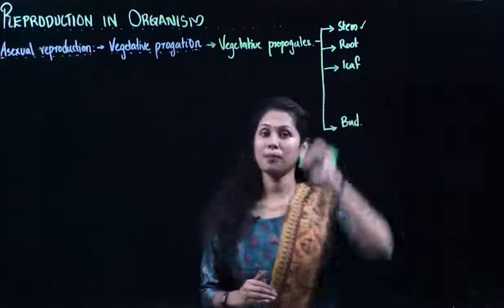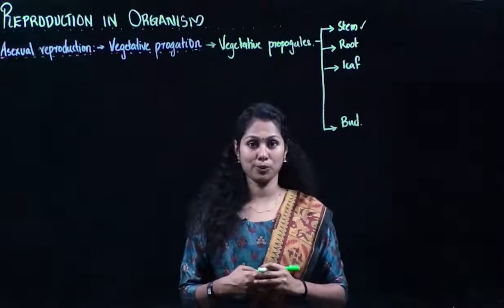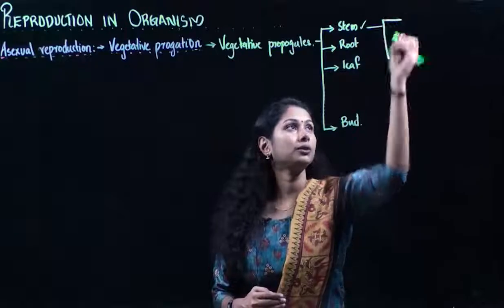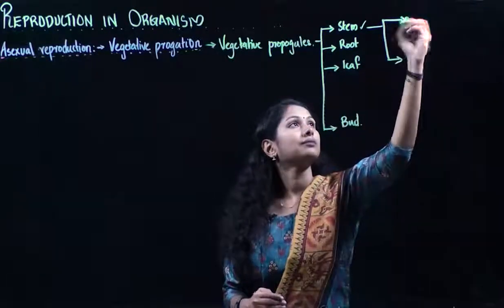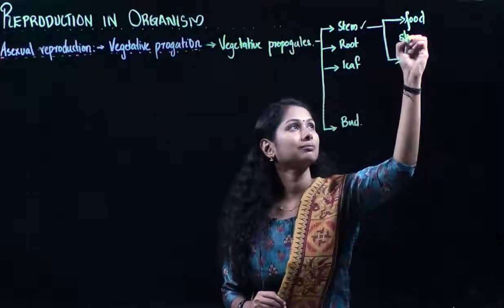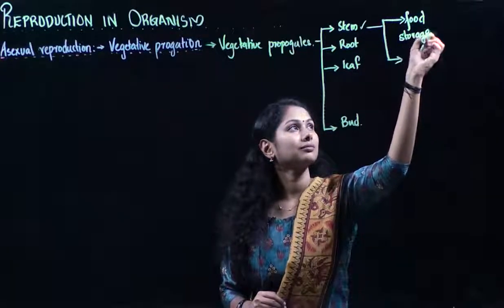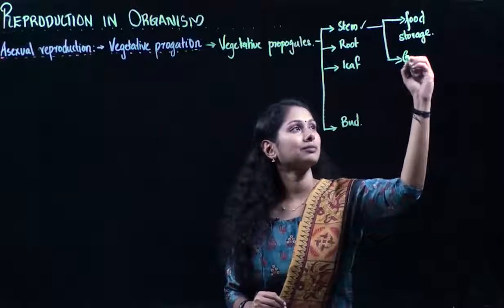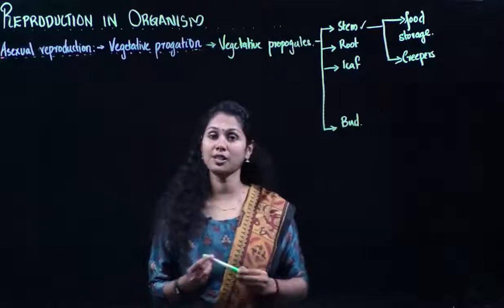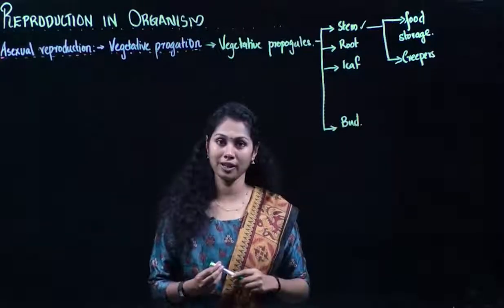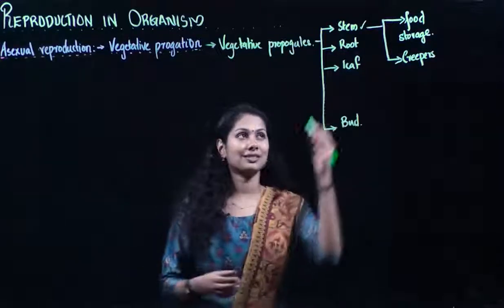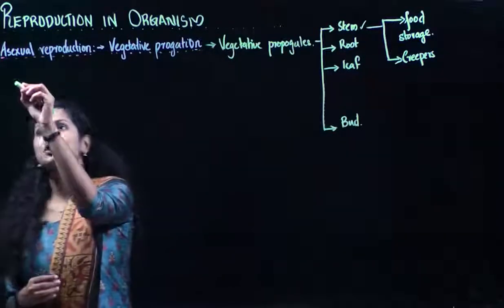Some stem modifications even help in vegetative propagation, and these modifications can be classified into food storage modification and creepers. Food storage means this part of the stem is helping in food storing, and creepers means they will be running through the ground.